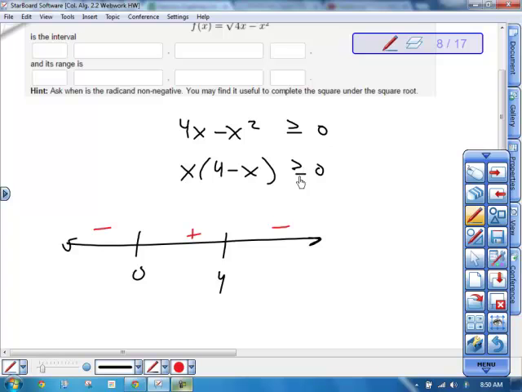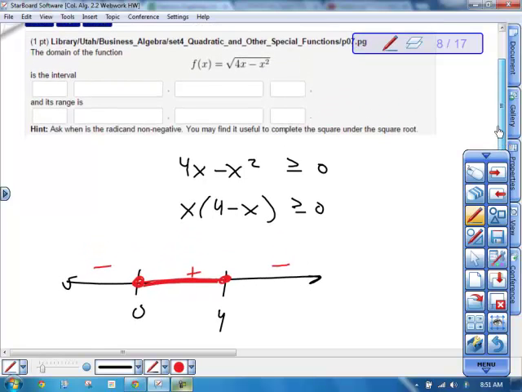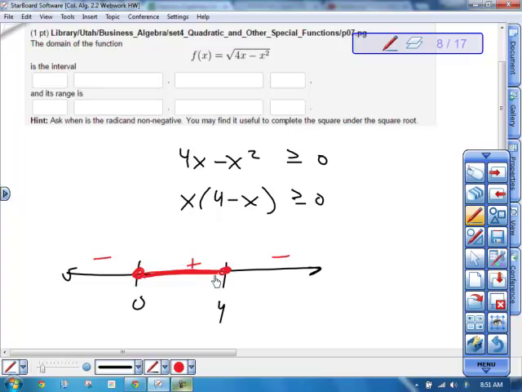So I'm answering, when is this thing greater than or equal to 0? It's greater than or equal to 0 in here. And I can include 4 because that's where it's equal to 0, and I can include 0. So my domain is from 0 to 4, and I can include 0 and 4 in my domain because those just give me 0.